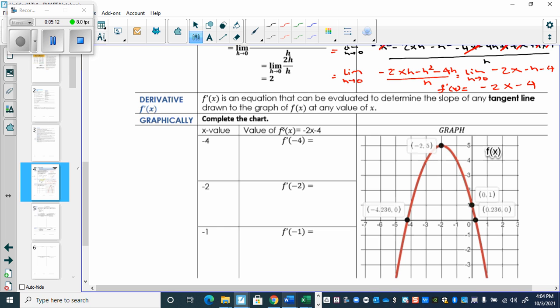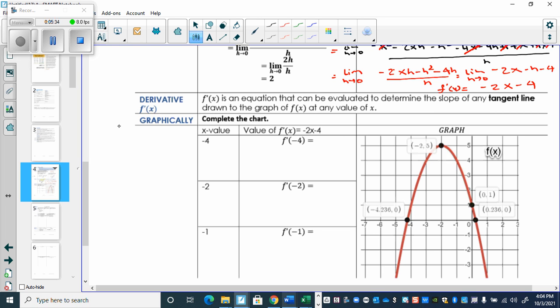So what we're going to do here is plug in these x values into this equation here, and we're going to get a number. And this number, we're going to compute.